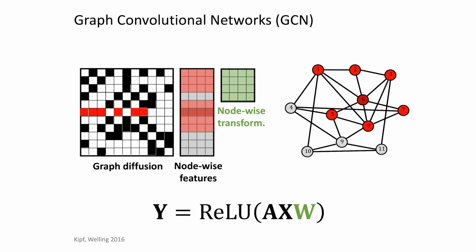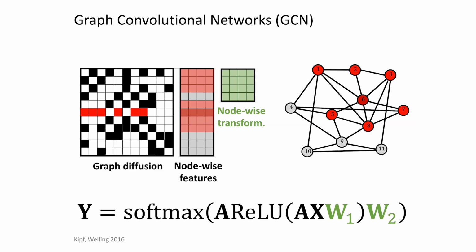In this case, the learnable coefficients will be the linear transformation of the node-wise features. And we can concatenate multiple such layers by applying another graph convolutional layer to the output of the first one. So here is a simple two-layer graph neural network that allows us to do node-wise classification.